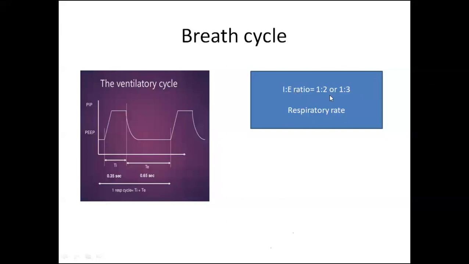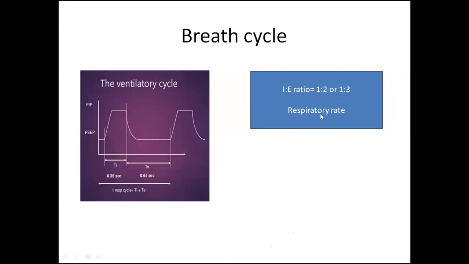So depending on the rate and depending on your IE ratio, your inspiratory and expiratory times are going to change. They will not stay constant unless you are controlling the inspiratory time. You can never expect constant inspiratory and expiratory times when you change the rates. In the majority of ventilators, you set the rate and the IE ratio, so based on the rate and IE ratio, your I time and E time are going to alter.